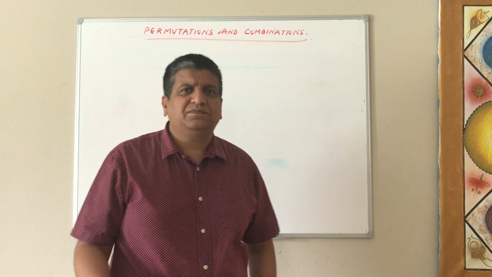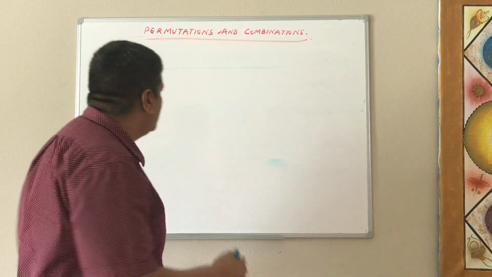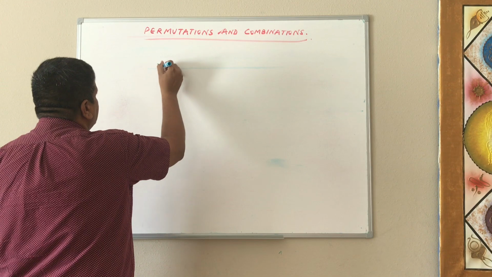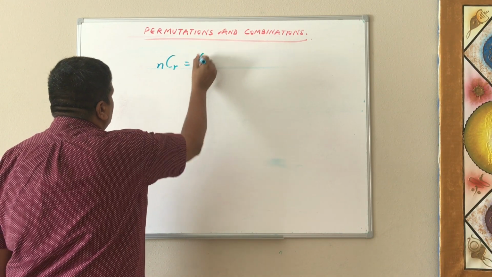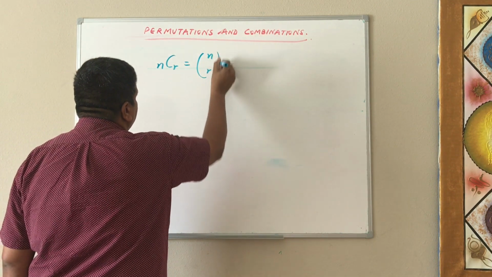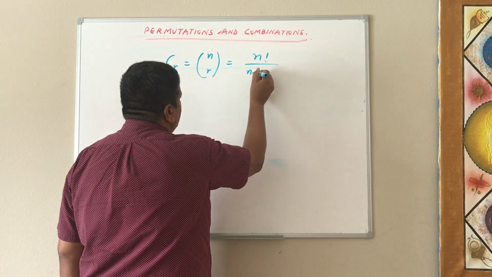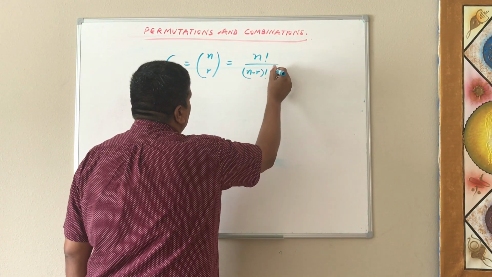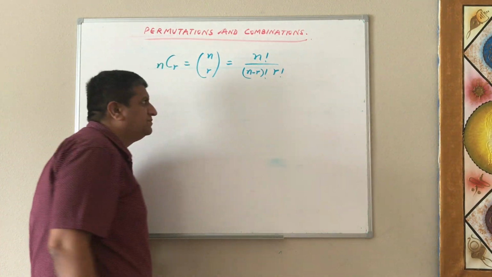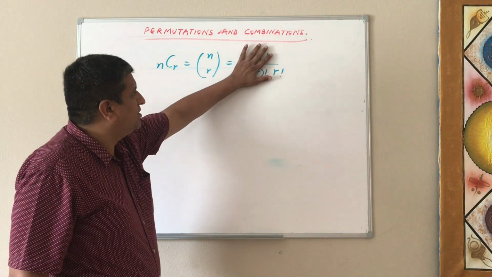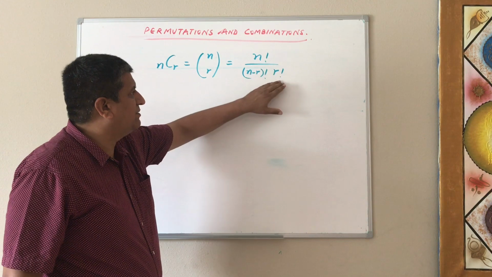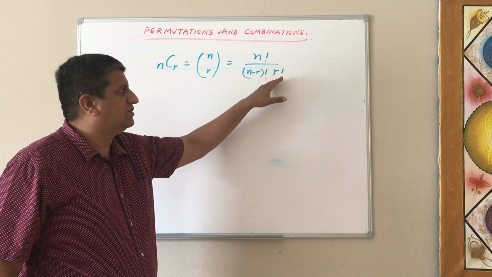We also have something called the combination formula. It's like this, nCr, which is n factorial over n minus r factorial over r factorial. Now this part is the permutation formula divided by the r factorial ways.